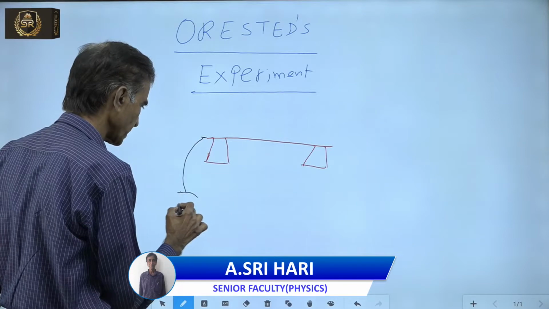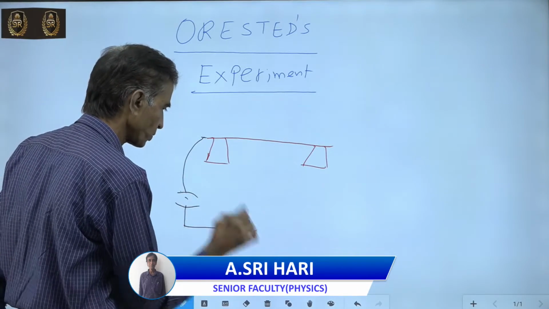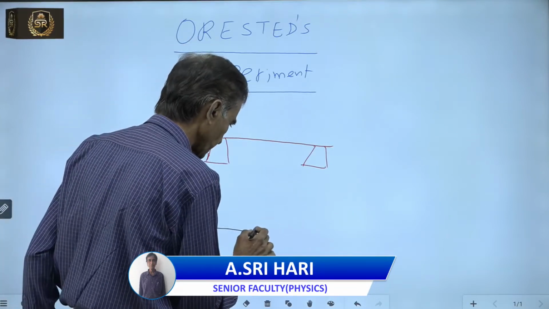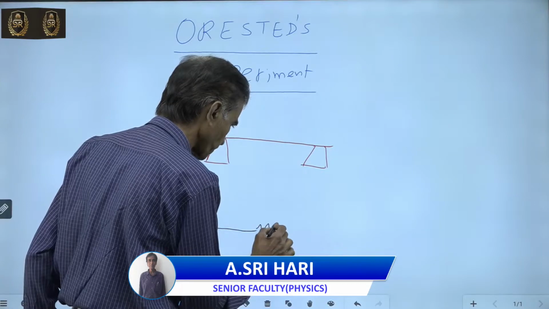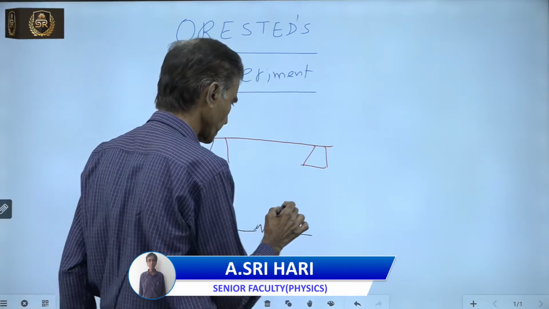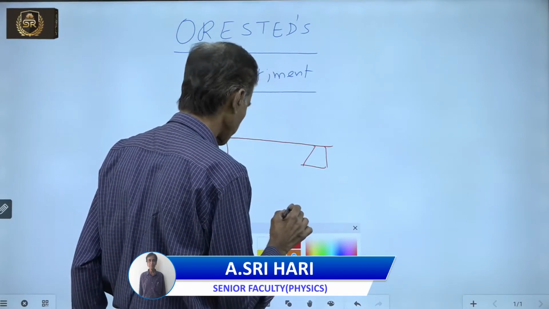So here there is a key, and this key is connected to an adjustable resistor. Here it is an adjustable resistor.